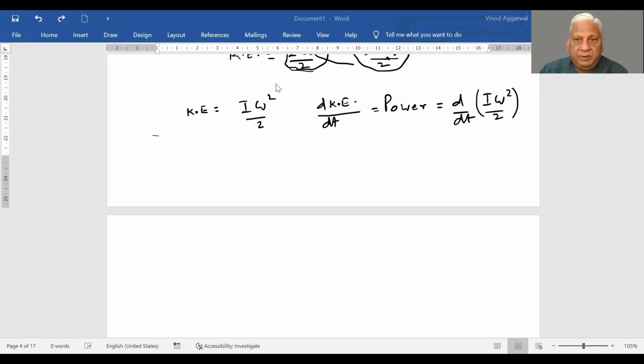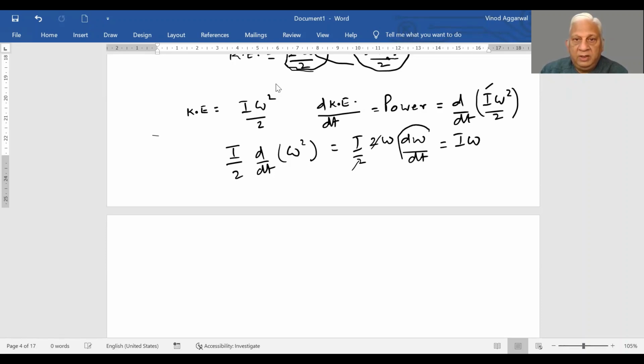When we differentiate, I is constant here, so we take I by 2 outside, we get d by dt of omega square, which is equal to 2 omega d omega by dt, and this 2 gets cancelled.